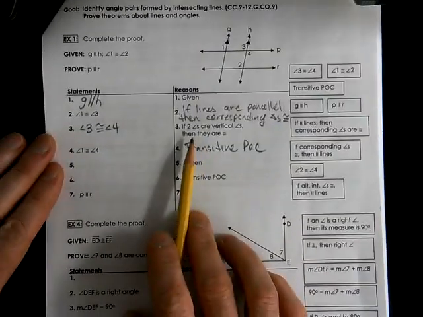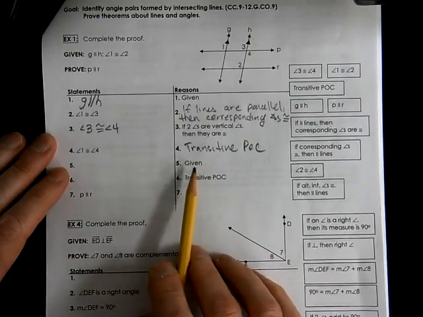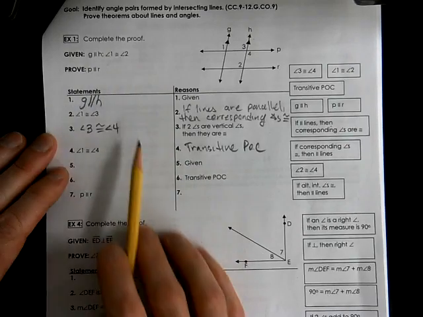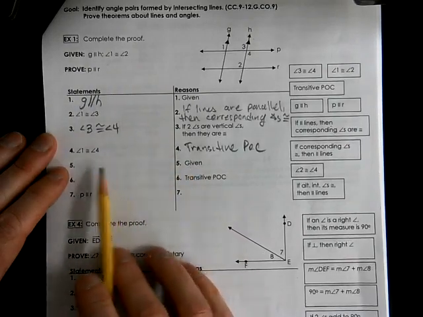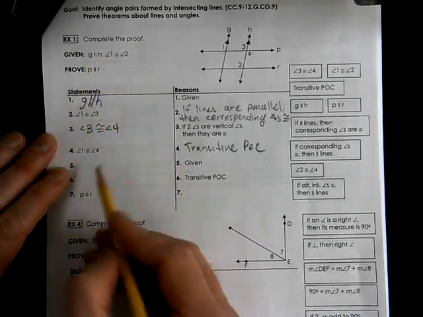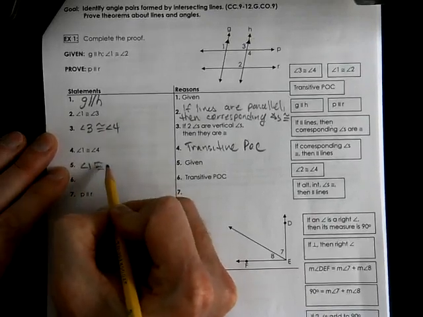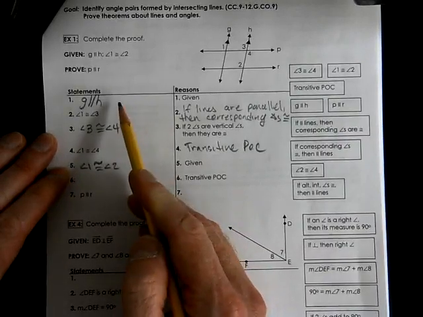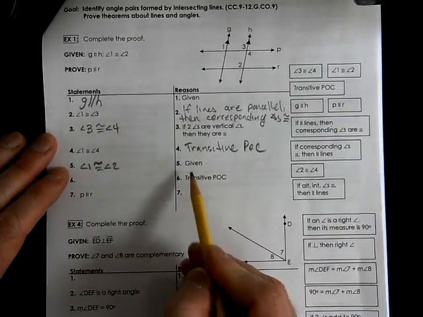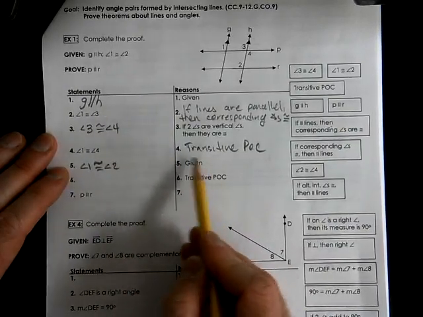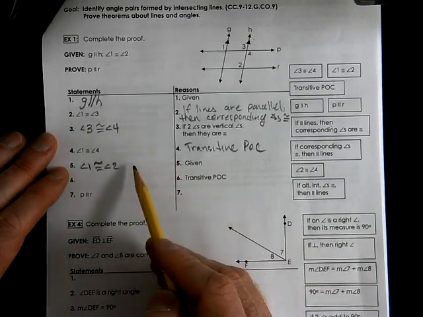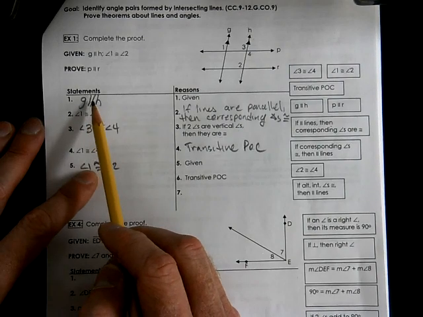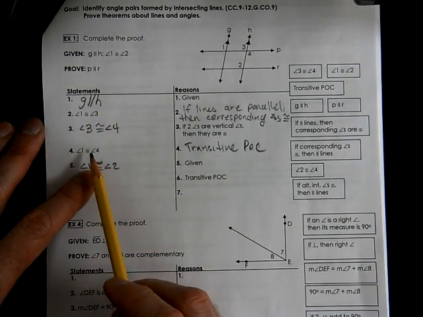Now notice your proof has more given. That's a hint that you might put a second piece of given information down here. We haven't even used the fact that 1 is congruent to 2 yet. You could have had it in the very beginning, but since they wrote it down here, what they're trying to show you is that the parallel took us all the way to here.